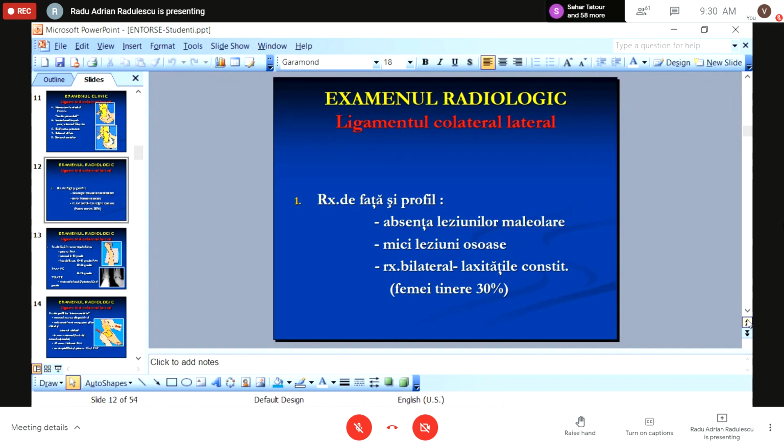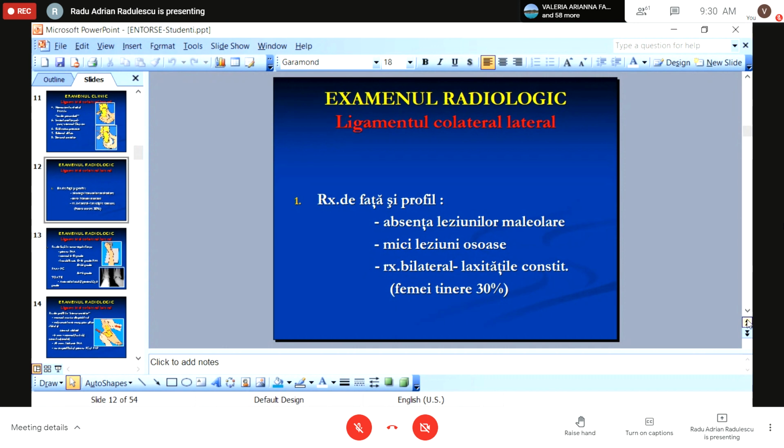Another situation when this X-ray is necessary: I told you that in old patients with osteoporosis, the ligaments may be stronger than the bone to which they are attached.